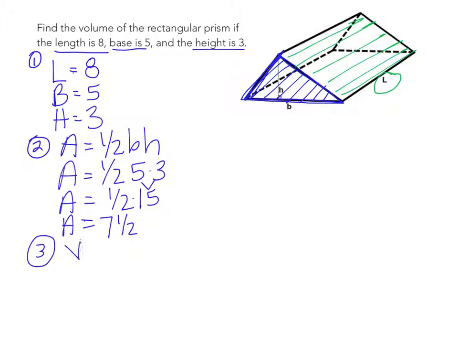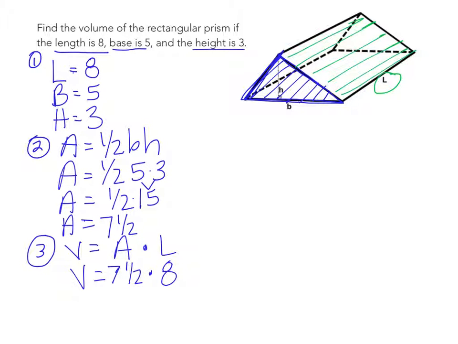The volume of the overall prism is the area times the length. Well, I have the area right here, 7.5, and I know the length. So let's just plug it in. So the volume is 7.5 times 8.